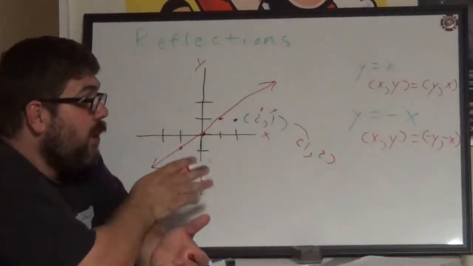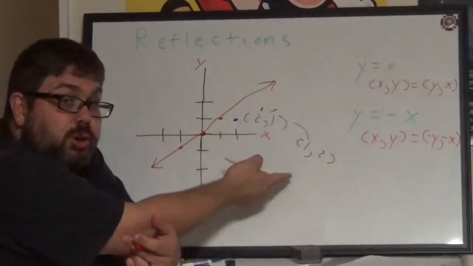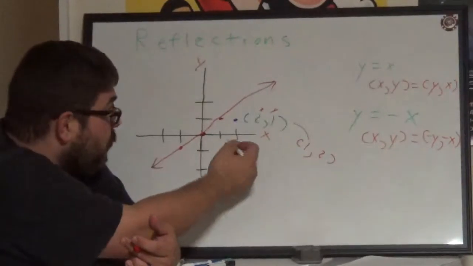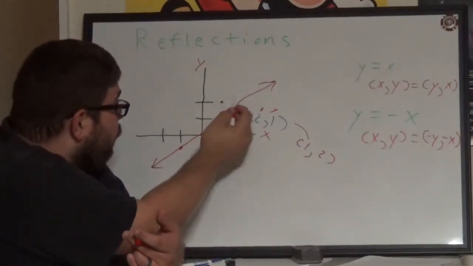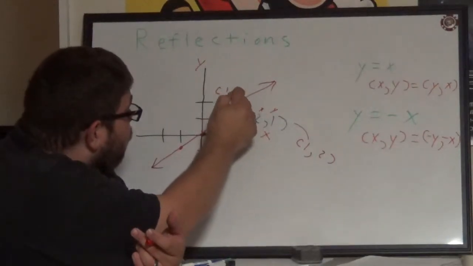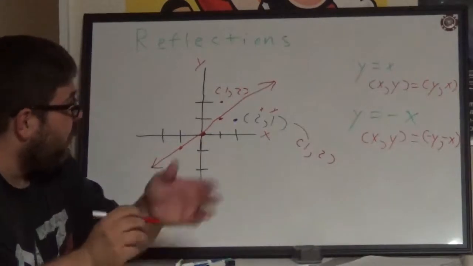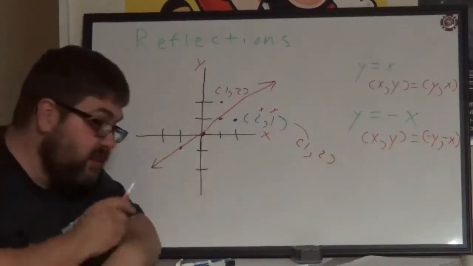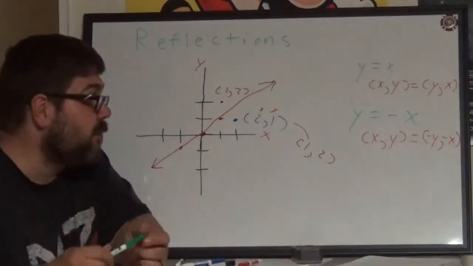And now we have 1, 2. So I'm going to graph 1, 2 on the coordinate plane. I go over 1 and up 2. And now I have 1, 2. And you can see, hopefully, how that's reflected. It's equidistant from the line on both sides.